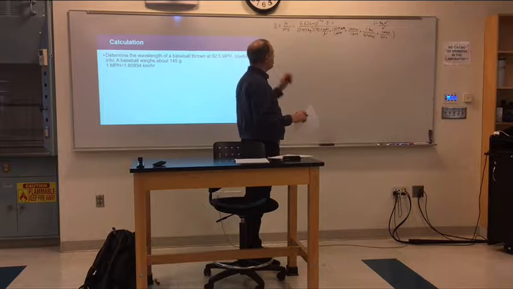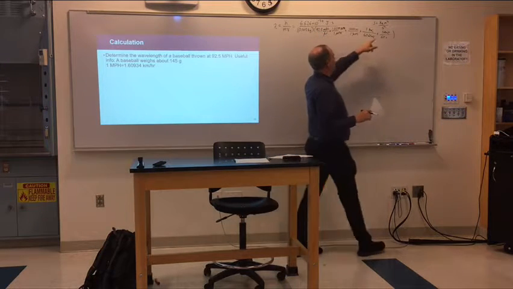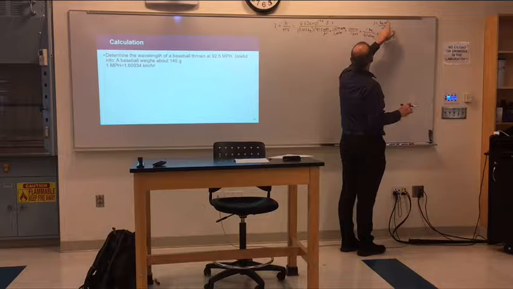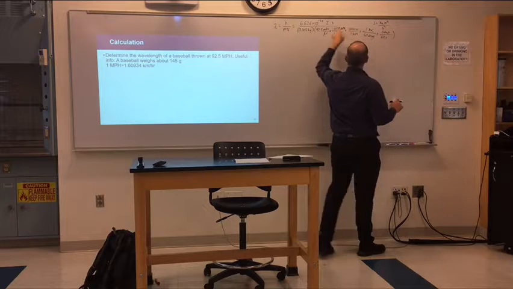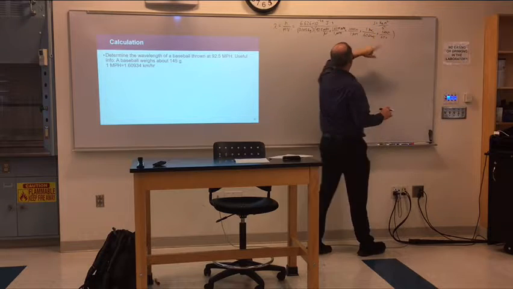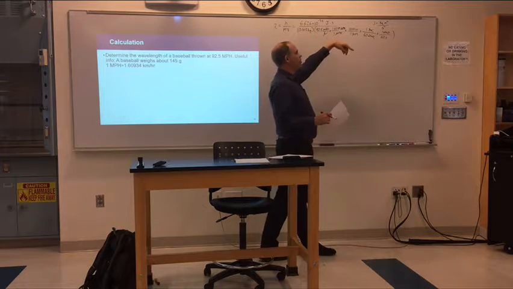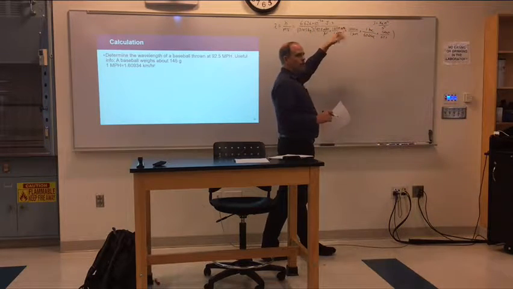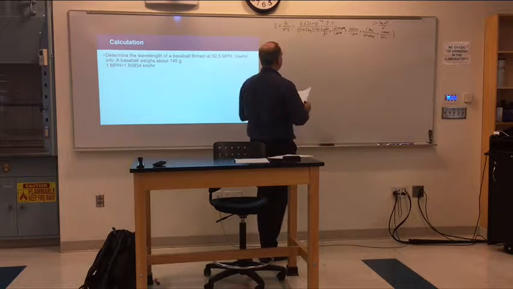If we look at our units, this part cancels one of the meters and one of the seconds, and this second cancels the other, giving kilogram meters. This kilogram cancels out the kilogram, giving us just meters in the end.